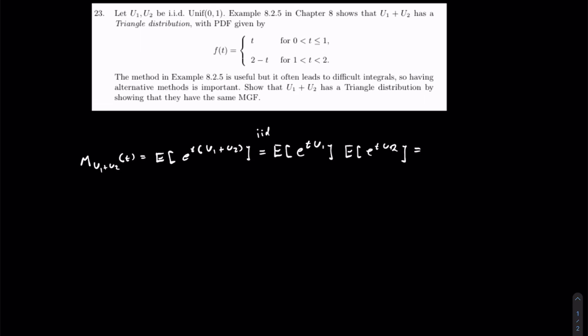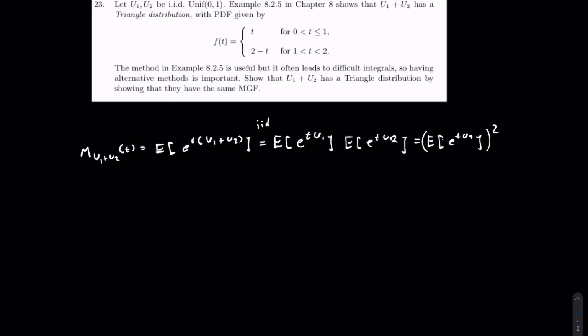As they have the same distribution, they will basically just be taking it squared, for either 1 or 2. So let's calculate what this expectation is, and then just square it to get this expression here.